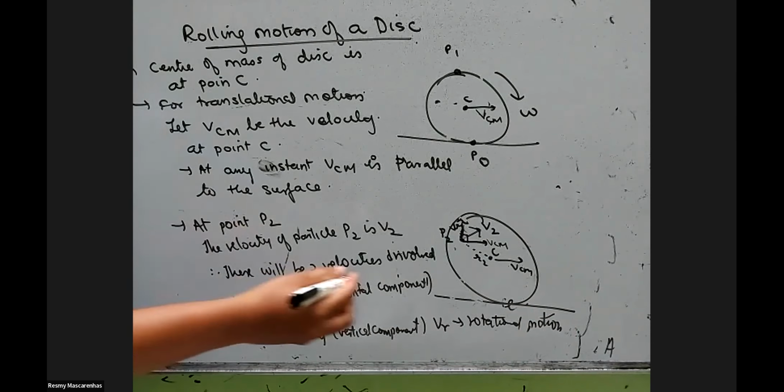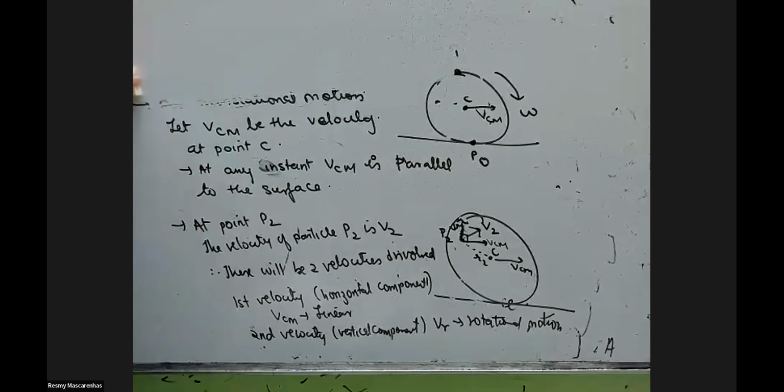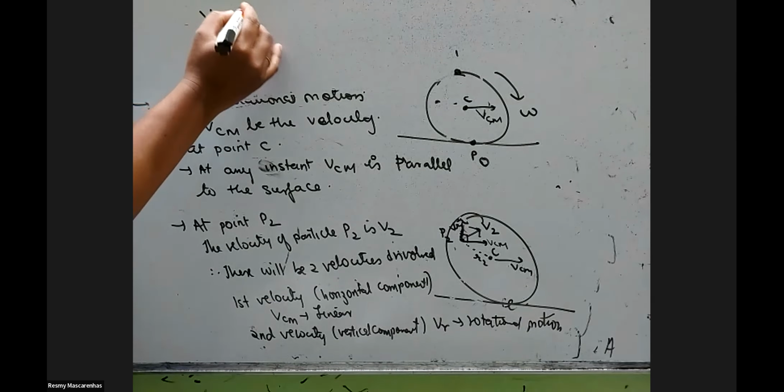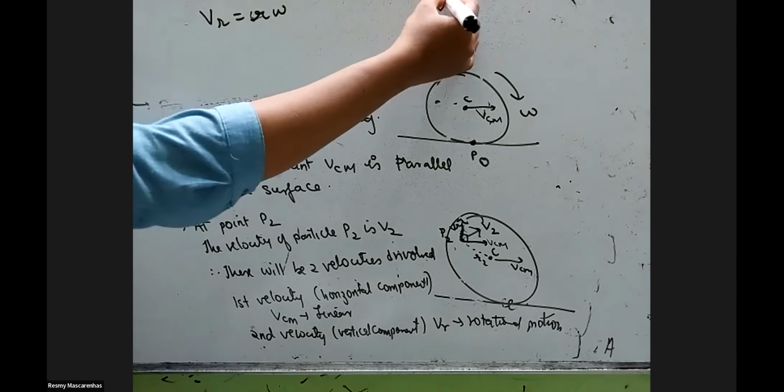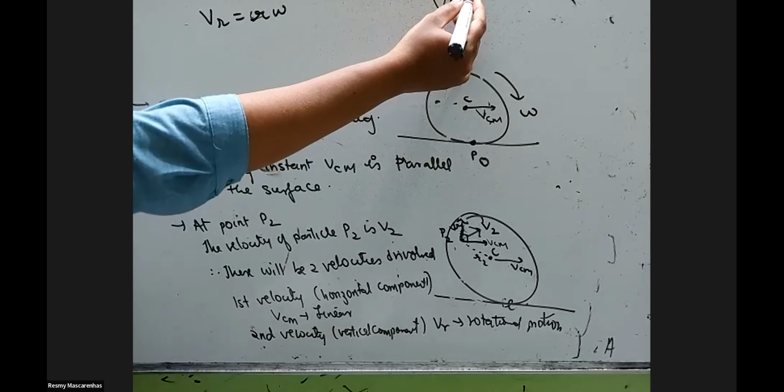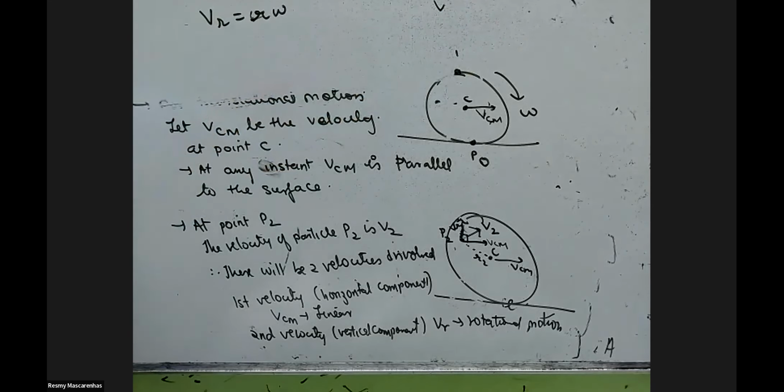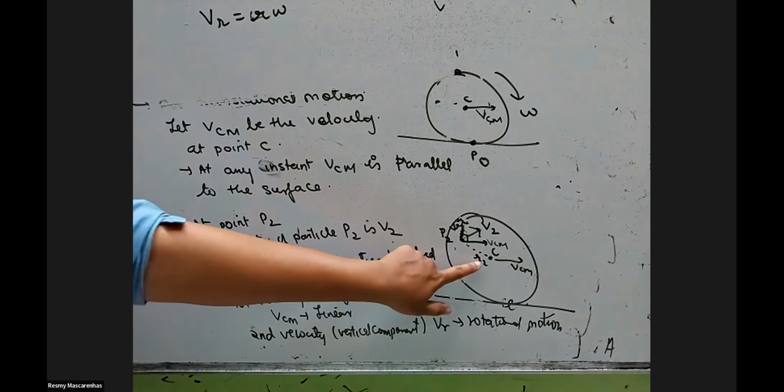So what is this rotational velocity? Rotational velocity is always r into omega. We know the velocity relation: linear velocity always equals r times omega. So your rotational velocity is nothing but r times omega, here r2.